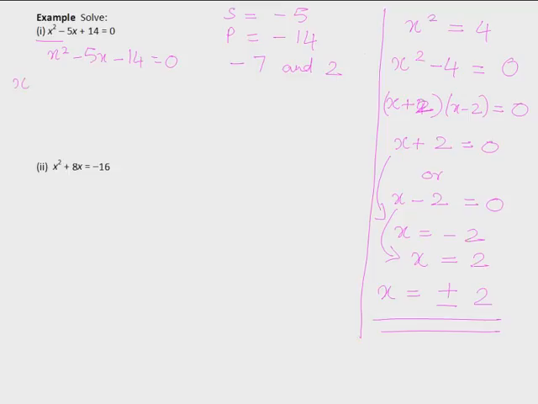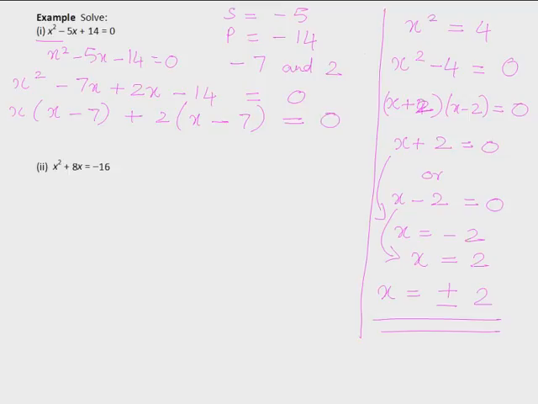So x square minus 5x minus 14 can be written as x square minus 7x plus 2x minus 14. I've just broken up the minus 5x as minus 7x plus 2x. Now the first two terms can be grouped as x into x minus 7, and the next two terms can also be grouped as 2 into x minus 7, because the right hand side stays 0.